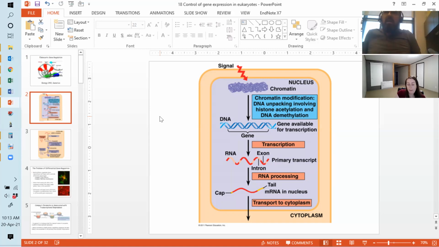Essentially the idea here is that if the DNA that contains this gene is highly condensed heterochromatin, it will not be turned on, because proteins involved in turning it on, control of transcription, cannot get to that DNA. So the very first step has to be to tell that tight knot of heterochromatin to loosen and unwind and make that DNA available for transcription.